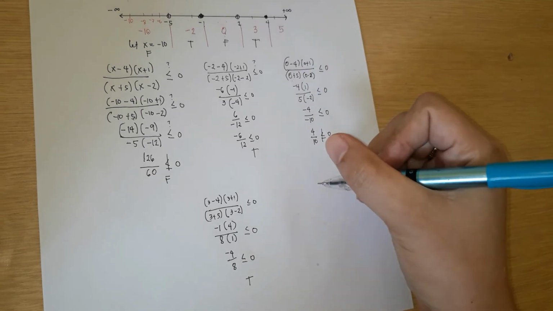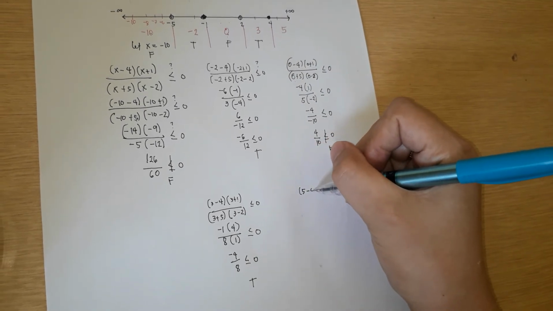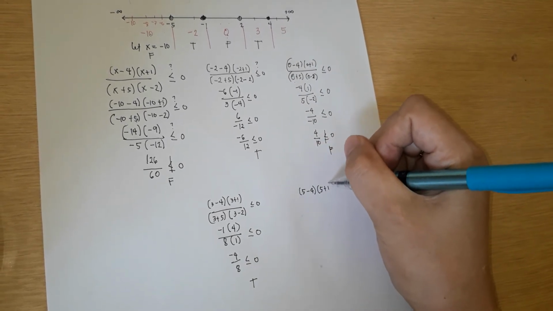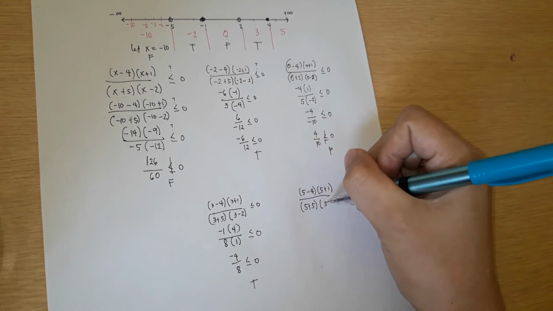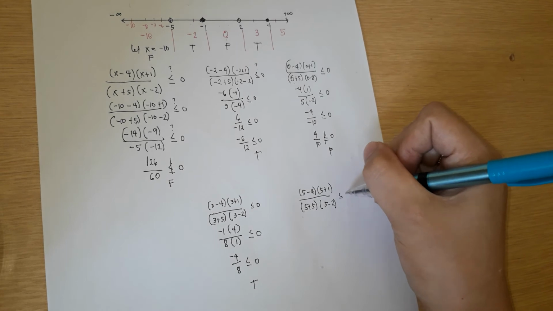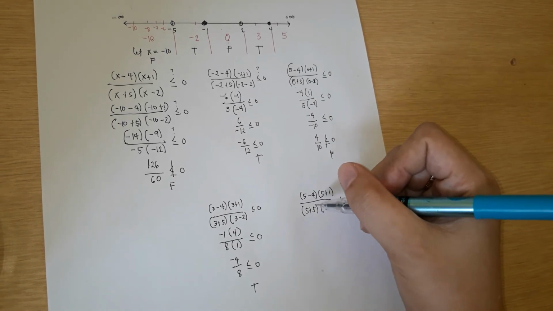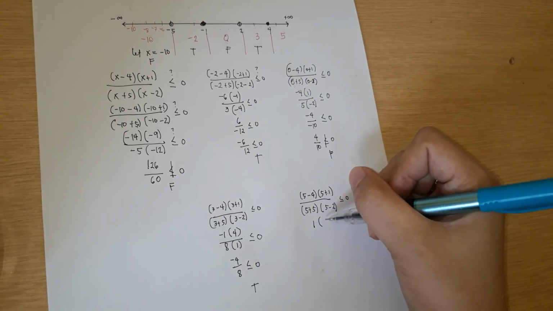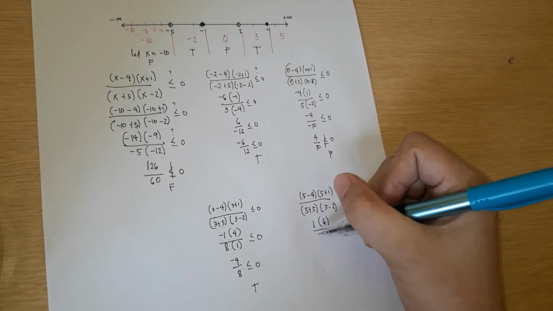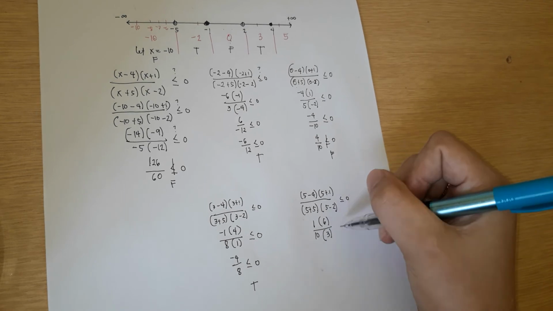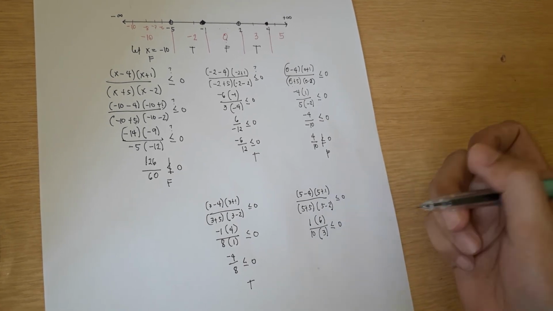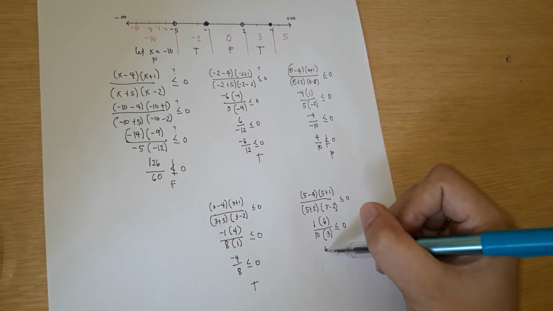Let's have 5. So 5 minus 4, 5 plus 1, 5 plus 5, 5 minus 2. Is it less than or equal to 0? 5 minus 4, 1. 5 plus 1, 6. 5 plus 5, 10. 5 minus 2, 3. 1 times 6, that's 6. 10 times 3 is 30.